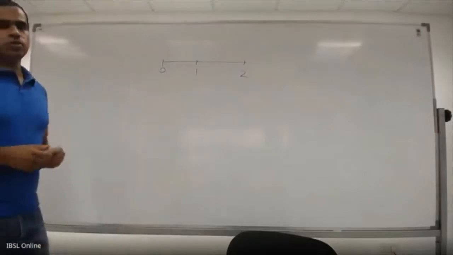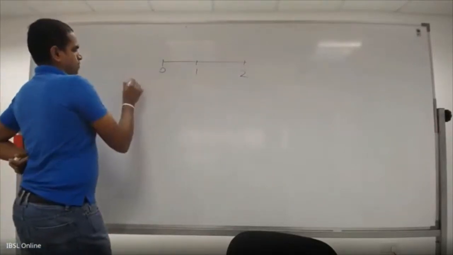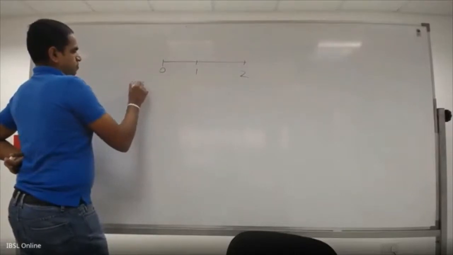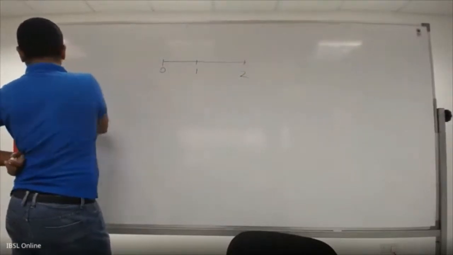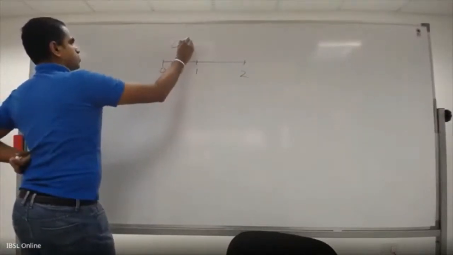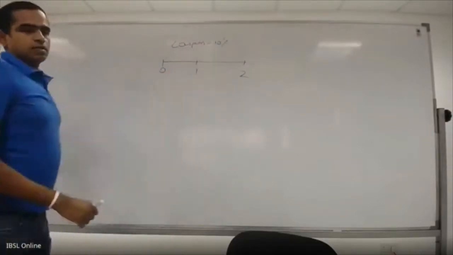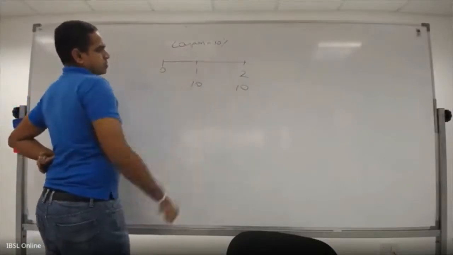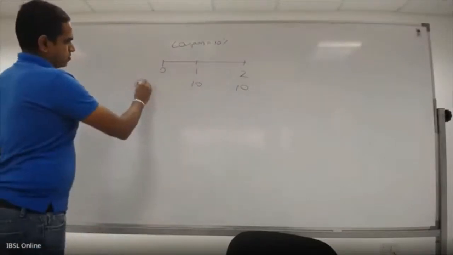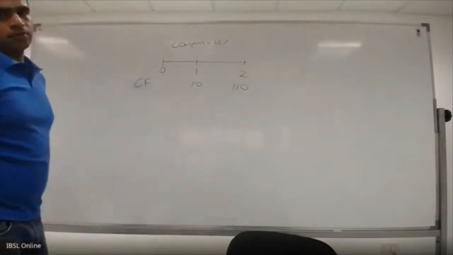So let's take a 2-year bond, right? A 2-year bond with a coupon of 10%. This means every year you will get payments of 10. If you plot your cash flows, this will be your cash flows.